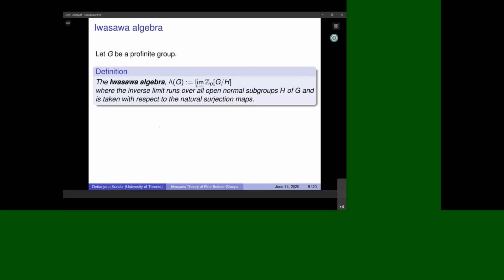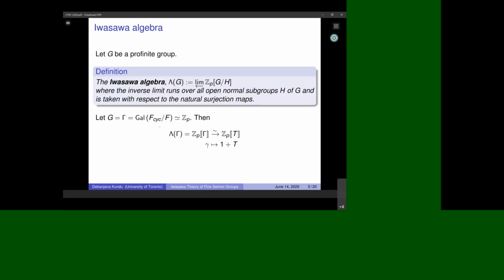In the particular case when G is isomorphic to Z_p, you have this very nice isomorphism. Lambda_Gamma, which is the Iwasawa algebra, is a formal power series ring in one variable.